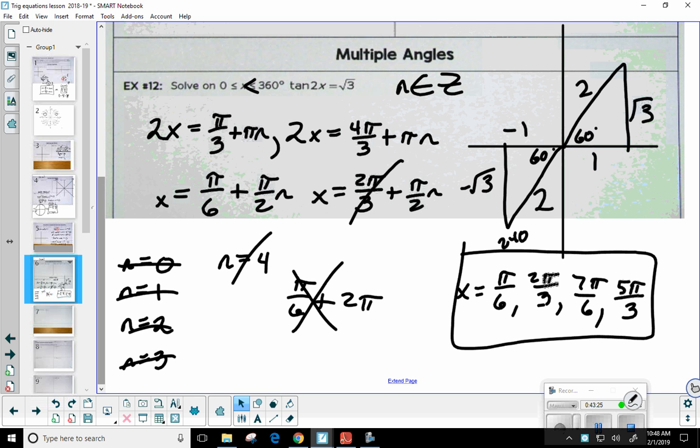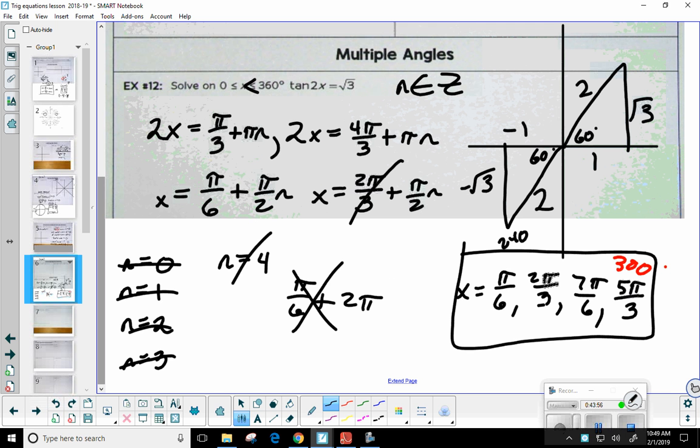Now I can even prove it to you. 5 pi over 3, what is that in degrees? That is 300 degrees, right? Now, the only reason I'm changing it to degrees is because that's what my calculator is in. Remember, these should be values that make the equation true, right?